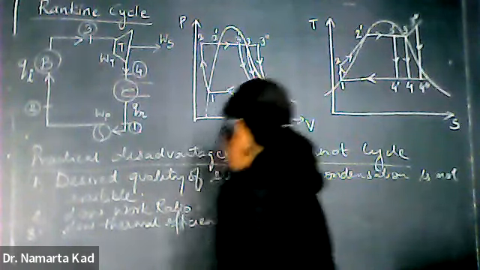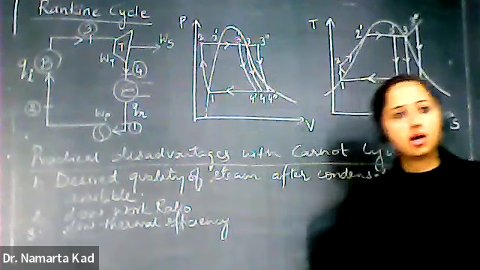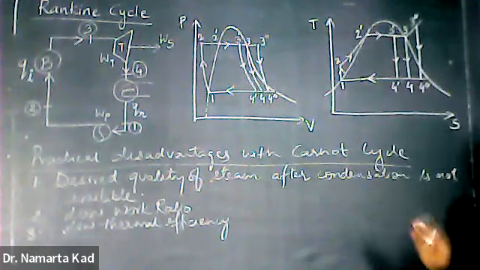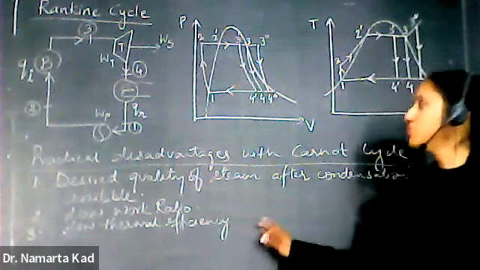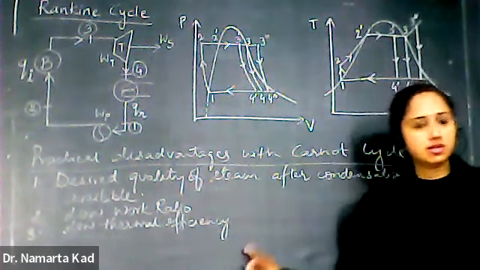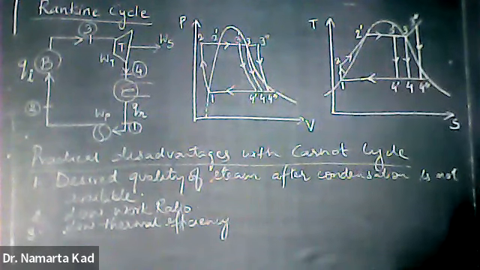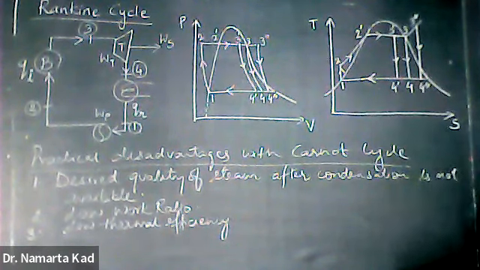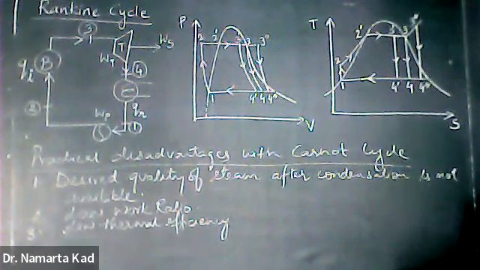The Carnot cycle has low thermal efficiency, but this thermal efficiency is improved in the Rankine cycle. The next main disadvantage is that there are chances of heat transfer to the surroundings in the Carnot cycle.